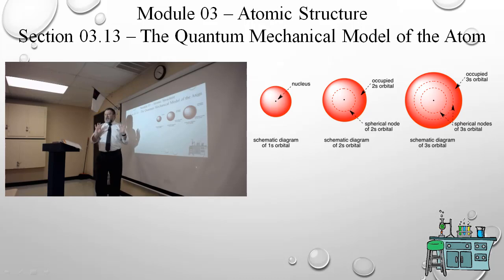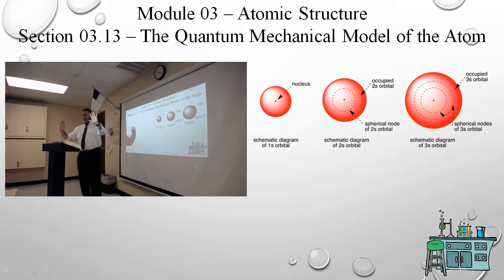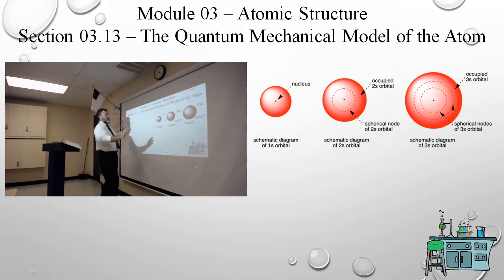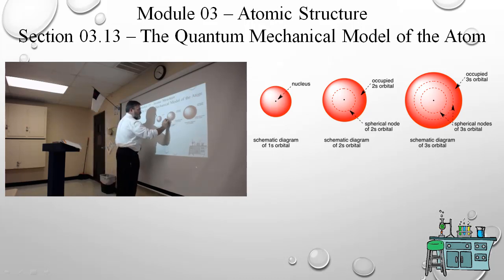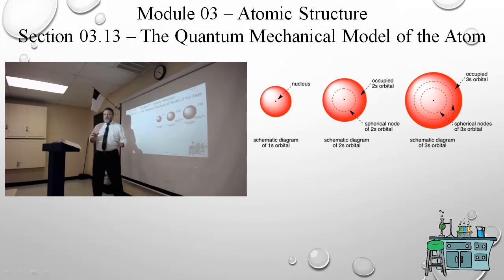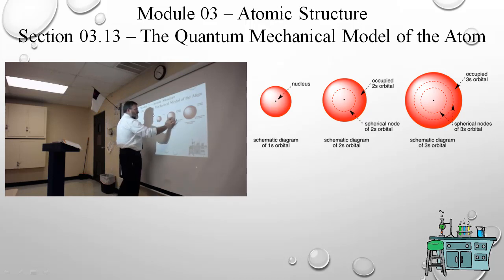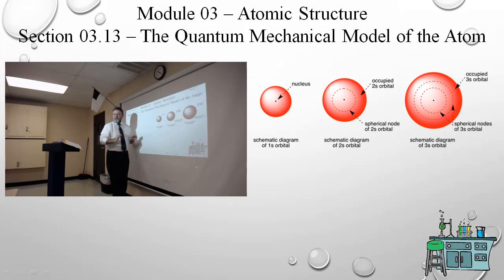We take it up to the next energy level. Boom, now we're at the second energy level. Guess what we find at the second energy level? The 2s orbital. The 2s orbital is a larger ball, and inside of that is the 1s orbital, and inside of that is the nucleus. So this larger 2s orbital has within it the 1s orbital, which has within it the nucleus.